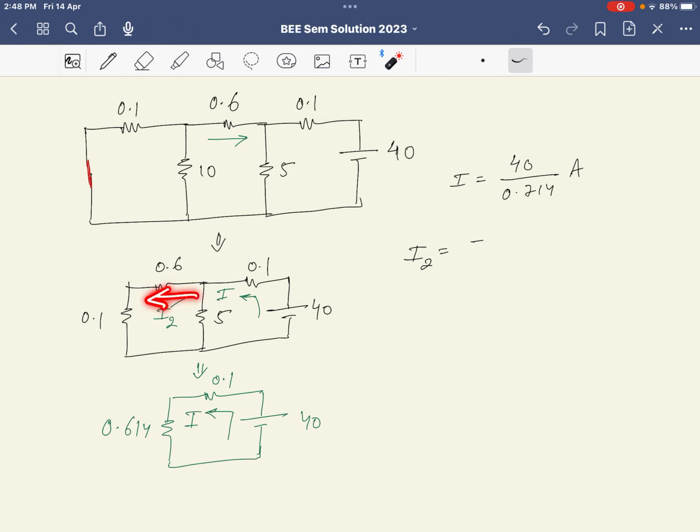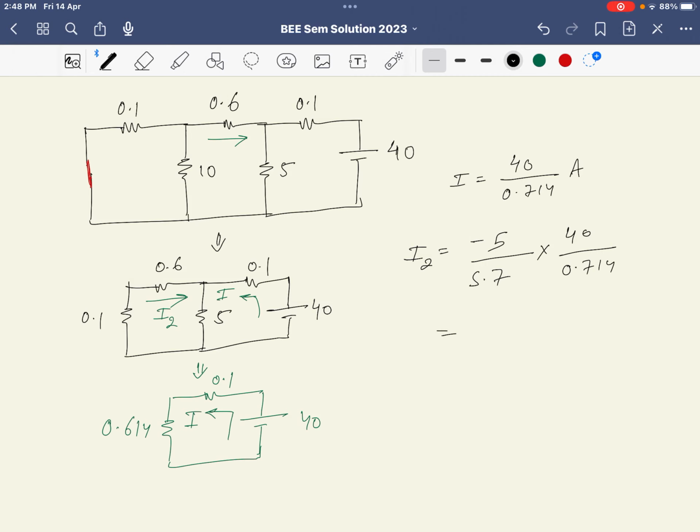So what is my I2? I2 is equal to the negative of that. If I say this is I2 over here, then the negative of the value will come, and these two parallel paths are there, with the current flowing like this. So we will take the opposite resistance, so that's why 5 divided by 5.7 into I, where I is 40 divided by 0.714.